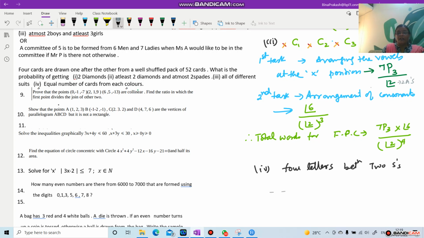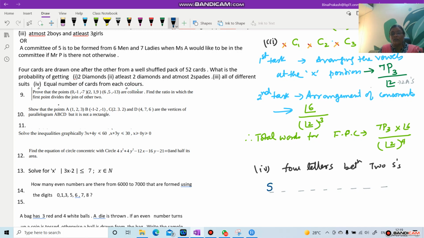We have a 9-letter word, positions 1, 2, 3, 4, 5, 6, 7, 8 and 9. You need to have 4 letters between the two S. So wherever the S are, you will always have to insert the 4 letters.